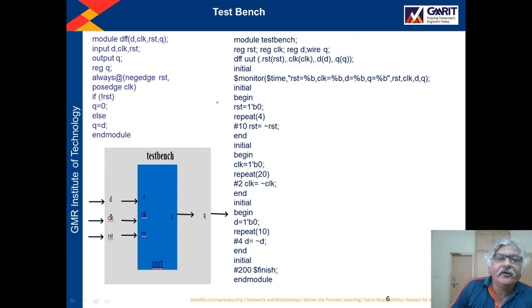So here what I have done, you just see, this is the first initial block, then this is the second initial block, this is the third initial block, and this is the fourth initial block, right?